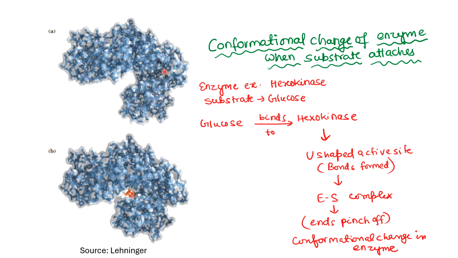So look, this is the enzyme, and when the substrate is going and binding to it, look at how the U-shaped active site is undergoing the conformational change. This particular image is of hexokinase, and when glucose goes and binds to the U-shaped active site, the U-shape undergoes a conformational change, that is, it is closing in, so that the glucose is in very close proximity to the hexokinase enzyme.